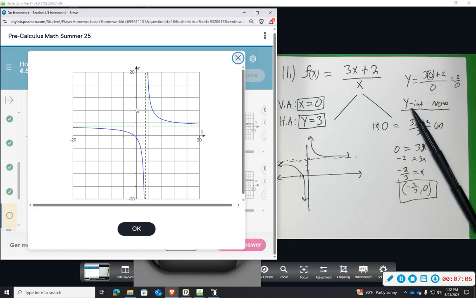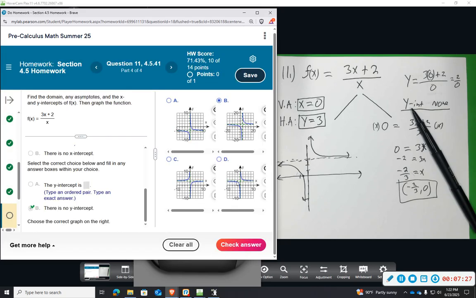This is 1, 2, 3, 4. So it looks like these are counted by 4, 8, 12, 16, 20. So y equals 3 looks about right, but the vertical asymptote x equals 0 is not. So because of that, we can conclude that D will be our correct graph.